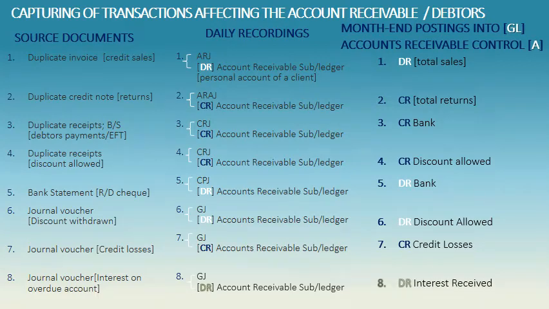Lastly, the accounts receivable control in the general ledger was debited with interest received posted from the general journal, being the interest on overdue accounts.